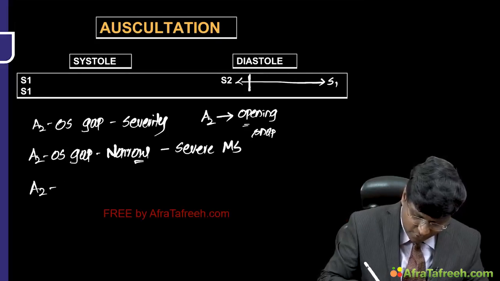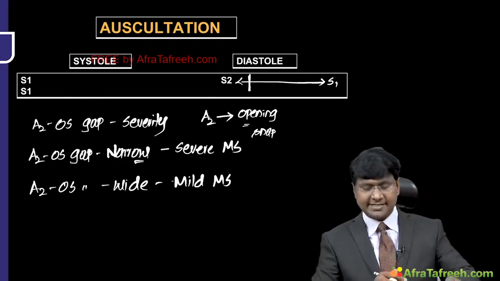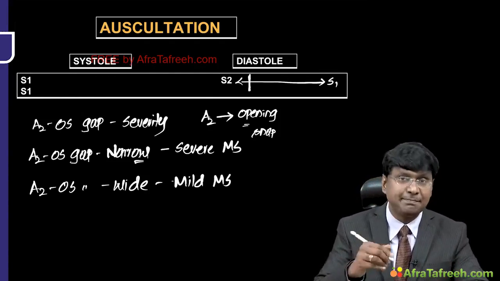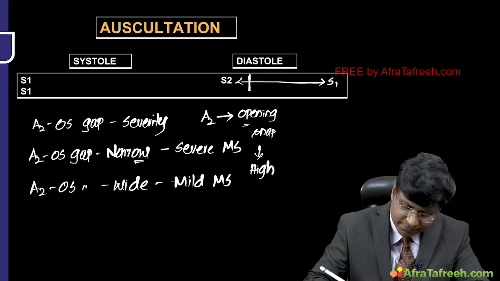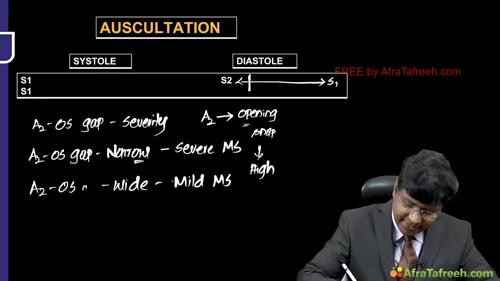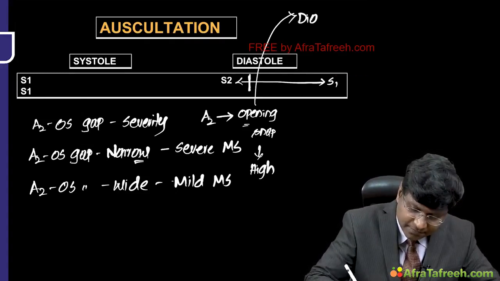If the A2-OS gap is wide, that tells the individual has mild mitral stenosis. That is about the opening snap. And how is the pitch of the opening snap? It is a high pitched sound, heard in the early part of the diastole. So just remember, it is a diastolic sound.